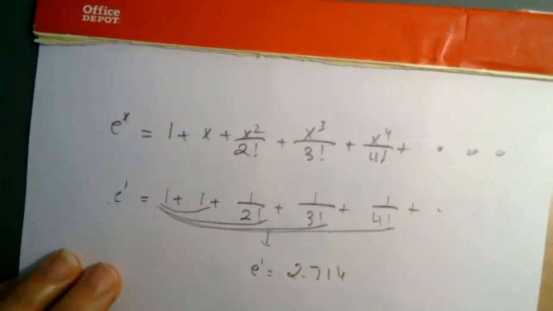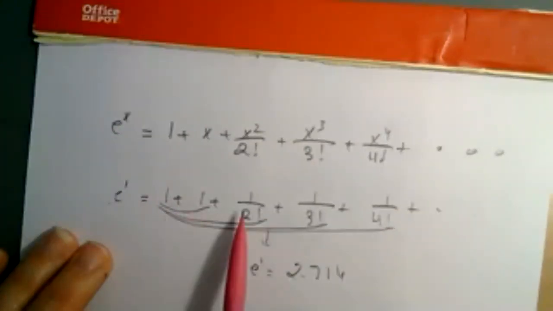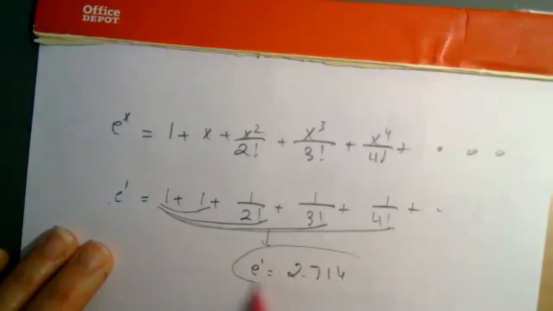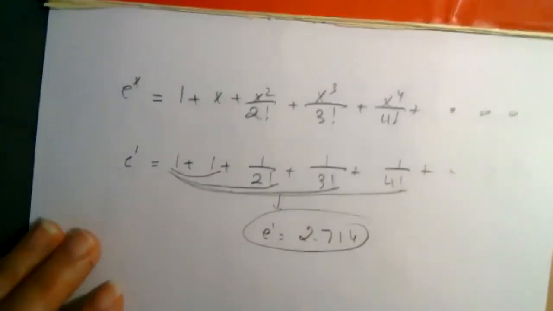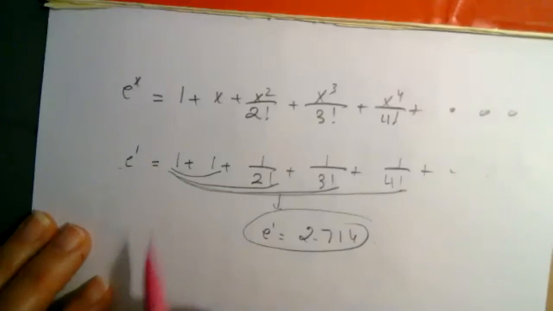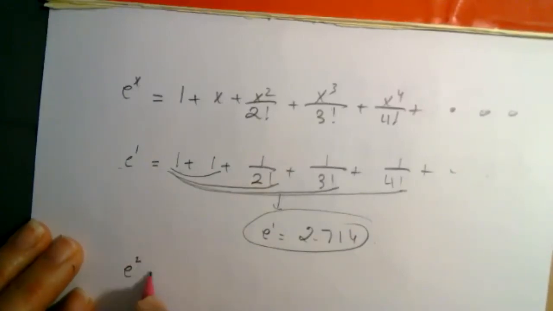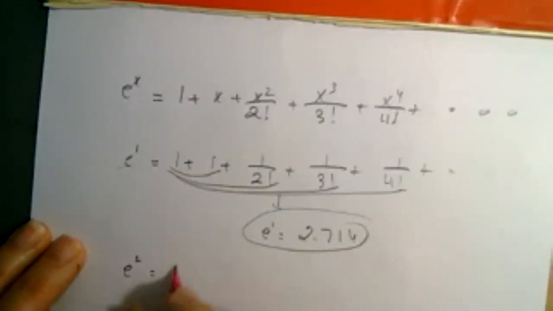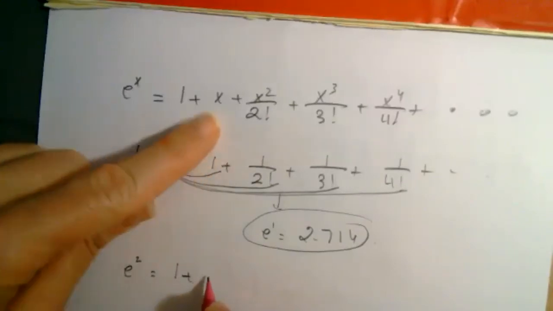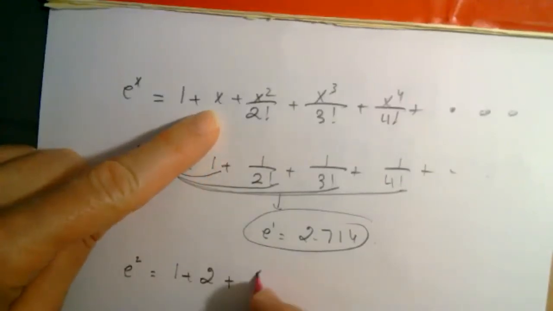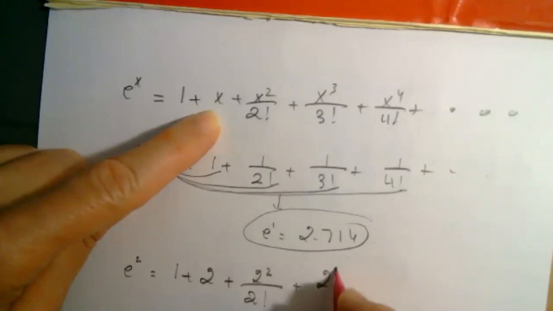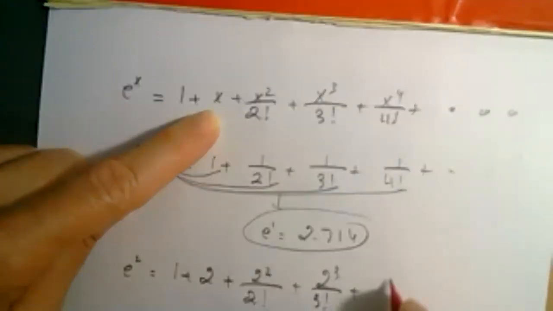So the exercise for you is take those and start adding them. You should get exactly e. But it's not only true for x equal to 1. I'm telling you that if you plug in 2 for x, it means 2 squared over 2 factorial, 2 cubed over 3 factorial.